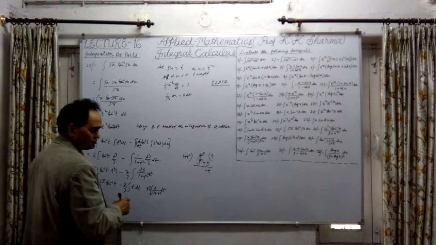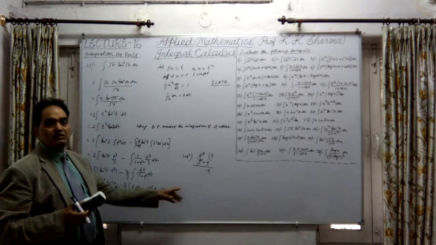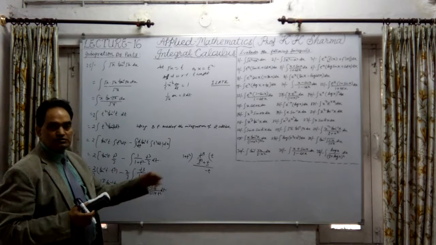Now this we will separate, or let me do it again considering 1 plus t square equal to u.